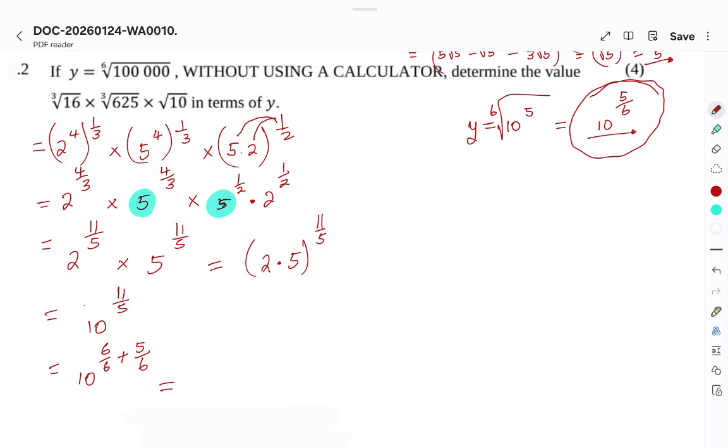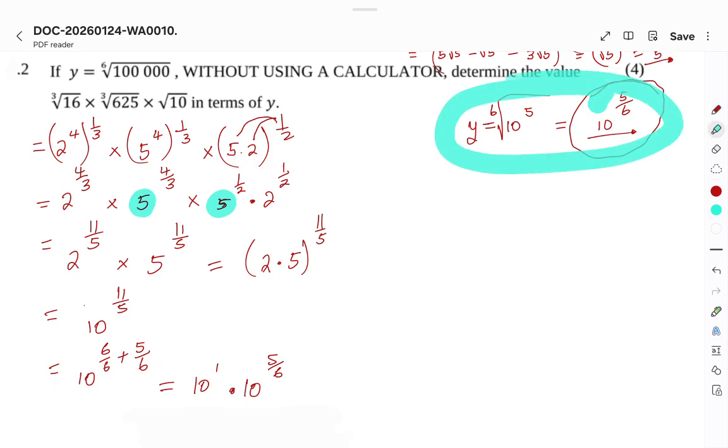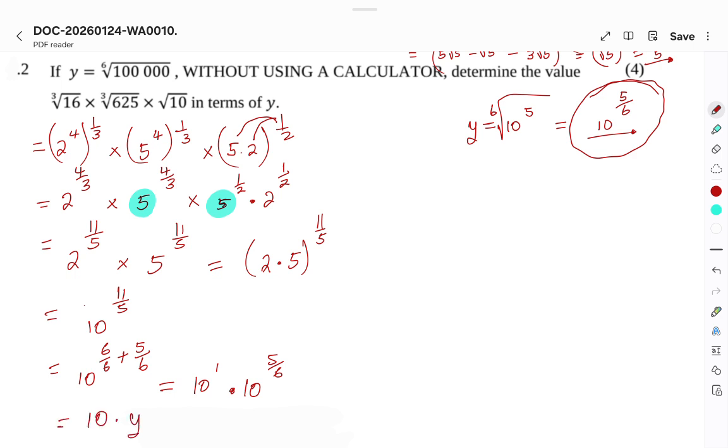So this is going to be equivalent to 10 to the power of 1 multiplied by the 10 to the power of 5 over 6. And you know this thing here is equal to our y that we have there. Okay, with that being said, this expression is going to be 10 times the y. So it's going to be 10 of y.